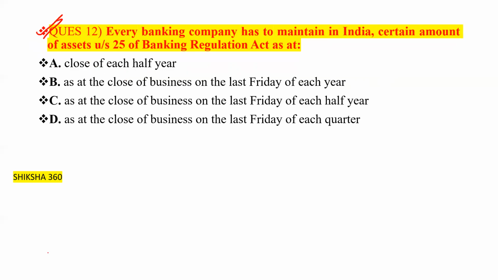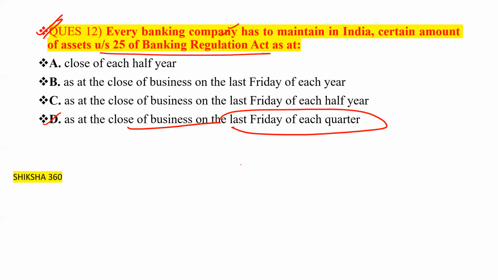Now move to the next question, question number 12. Every banking company has to maintain in India a certain amount of assets under Section 25 of the Banking Regulation Act, as at: the close of each year or each half year; the close of business on the last Friday of each year; or option D, the close of business on the last Friday of each quarter.